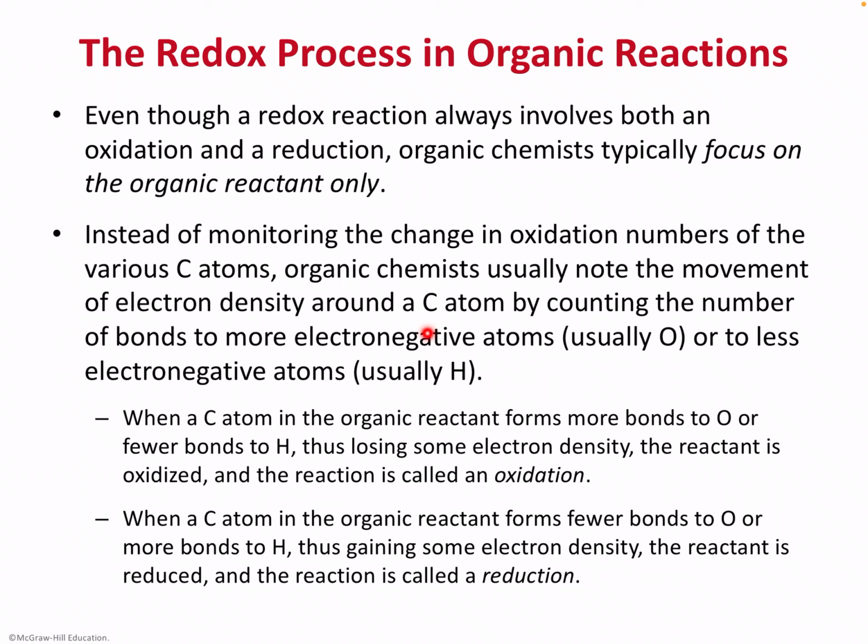So there is not much electronegativity difference between carbon and hydrogen because it's a covalent compound. It's a non-polar bond. So when you have more hydrogen, we say it is reduced.